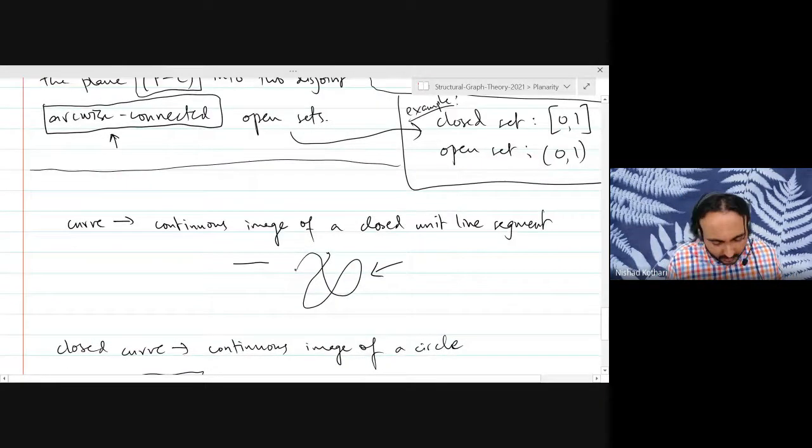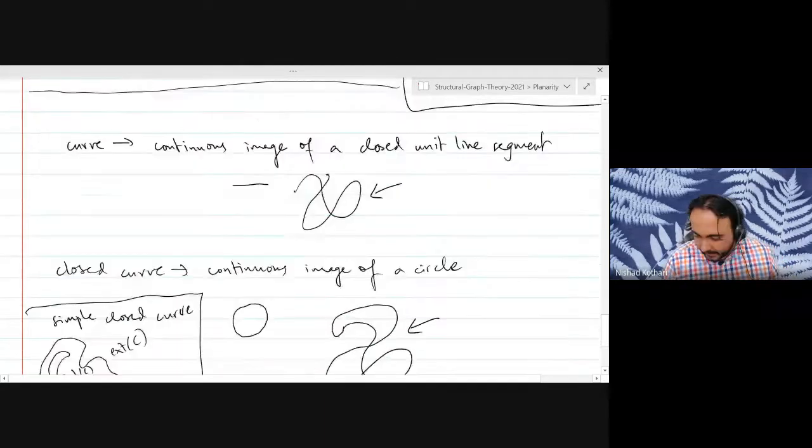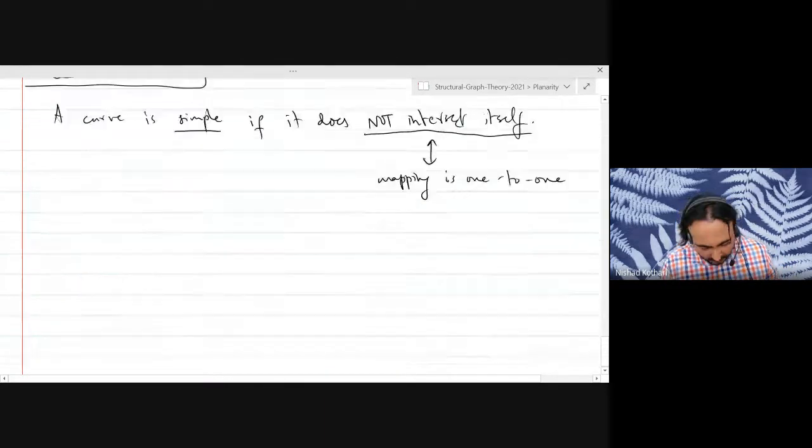And the other part we need is we need to define what arcwise connected is. So let me write that here.